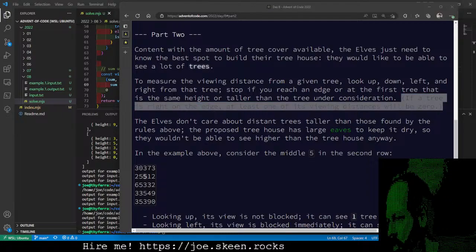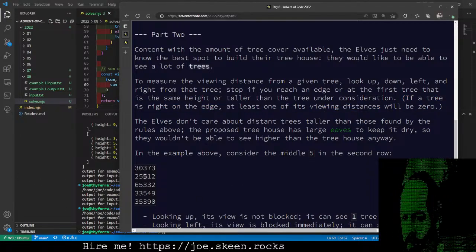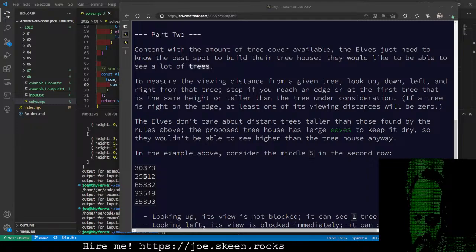If a tree is right on the edge, at least one of its viewing distances will be 0. That means that the scenic score for edge trees will always be 0.